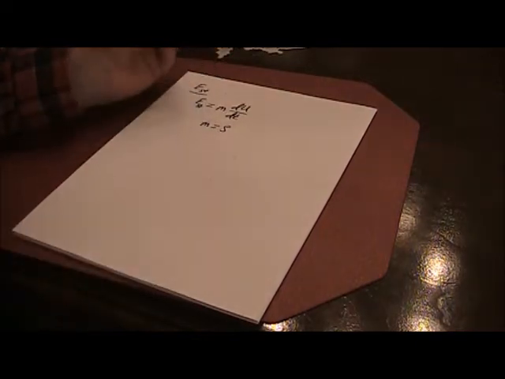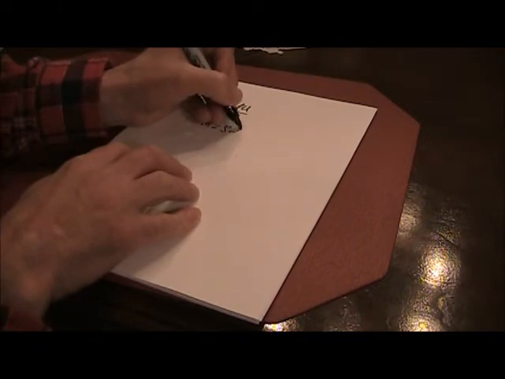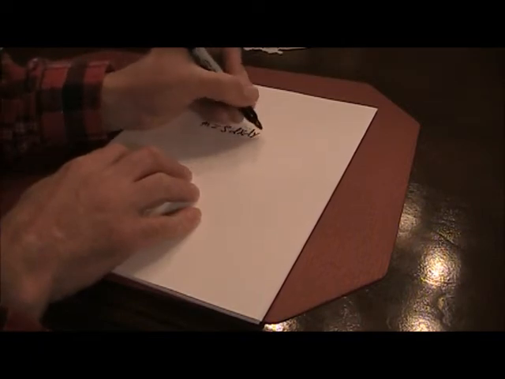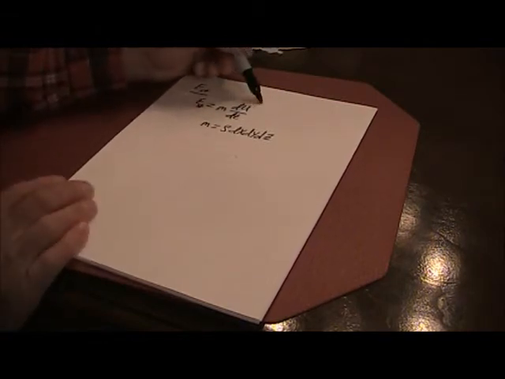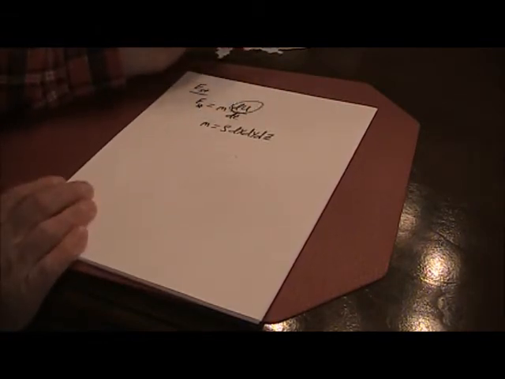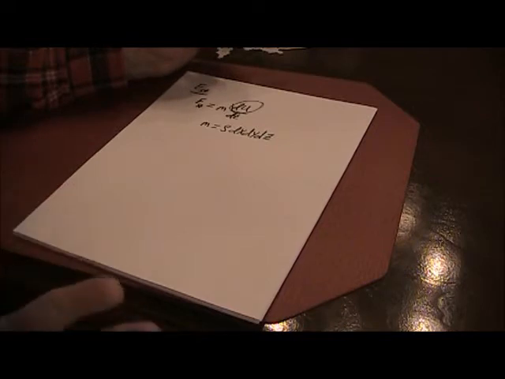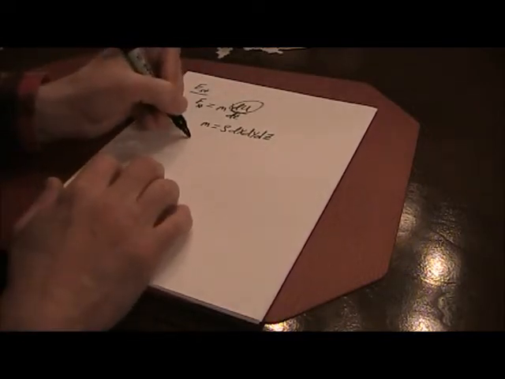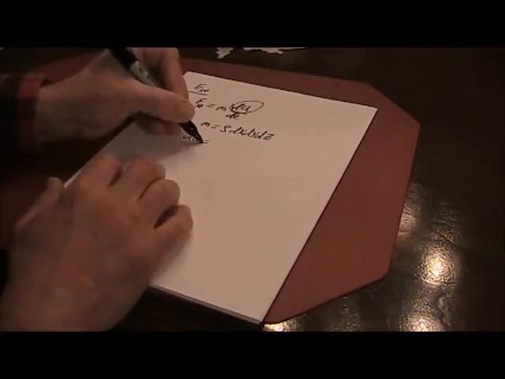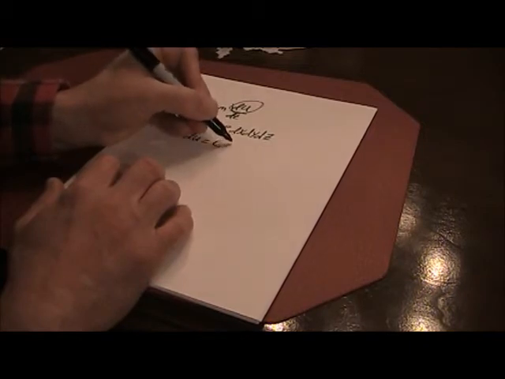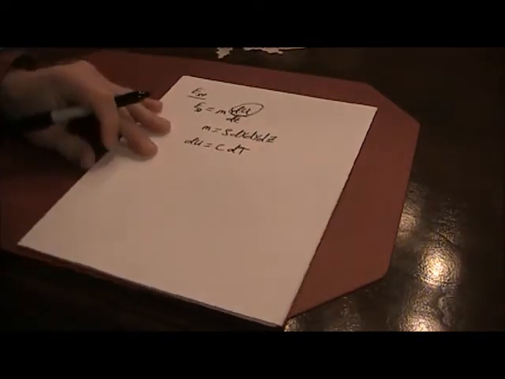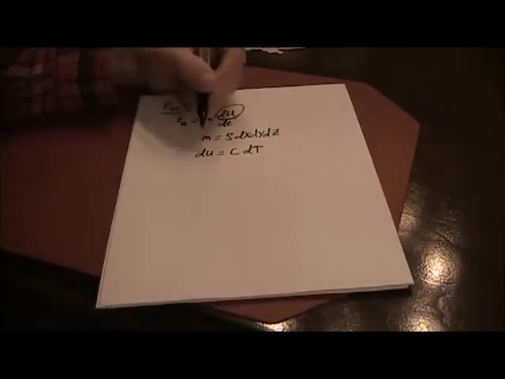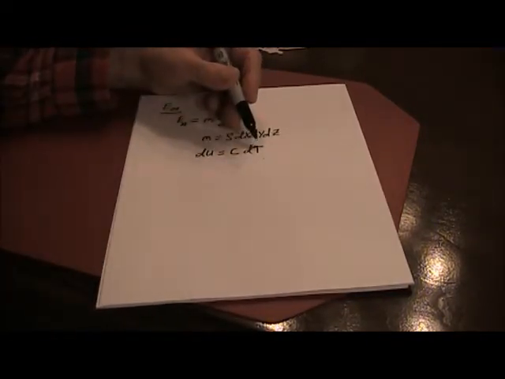And for this object here, we're talking about delta X, delta Y, and delta Z. And if you recall from thermo, delta U, the change in the internal energy of a material, if it's incompressible, we can write delta U as the specific heat times delta T. You may remember that from thermo. The change in internal energy, delta U, is equal to C delta T.